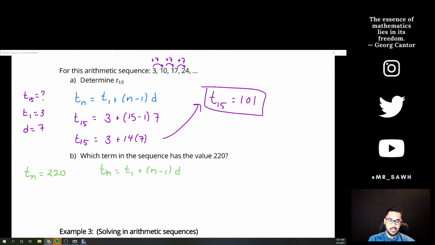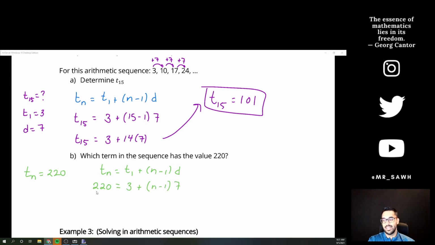So Tn, that's the value this time. It's different than last time. Last time I didn't know the value, but I knew the term number I wanted, but now I know the value. So we'll put that in. 220 is what I wanted this to be equal to. The first term is still 3, plus n minus 1, where n is what I'm trying to find. I want to find what term number makes this 220 possible.